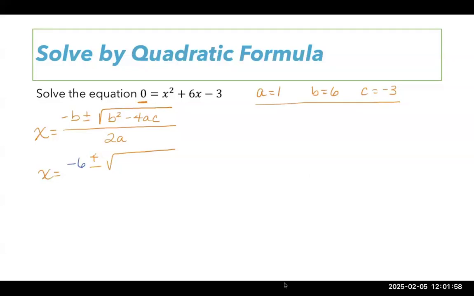The B squared is 6 squared minus 4, it's always 4, times the A, which is 1, times the C, which is negative 3. And then all of that will get divided by 2 times the A value, which again was 1.